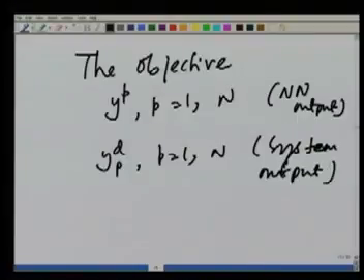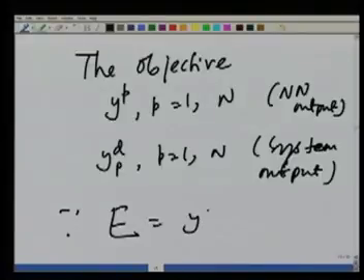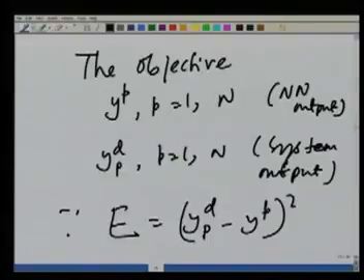This is my system output, and neural network output should follow the system output. This implies my E as I defined earlier, y dp minus yp whole square, half sigma p equal to 1 to n. So, this function should be minimized.